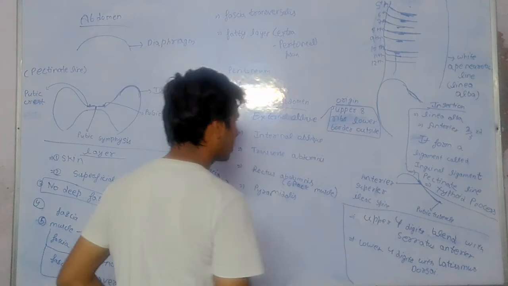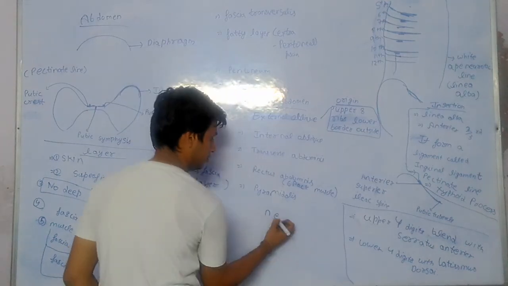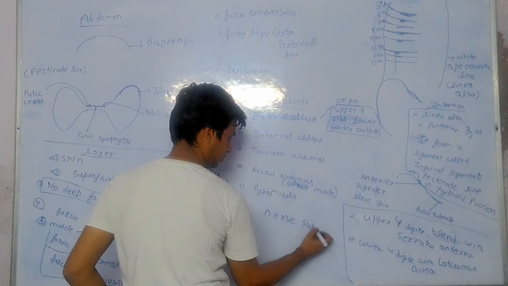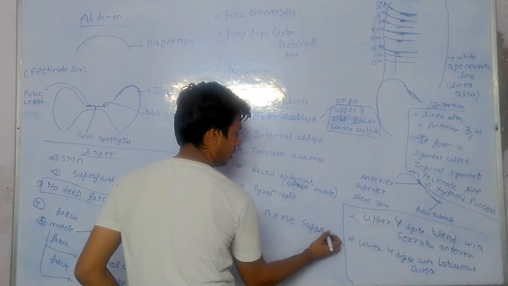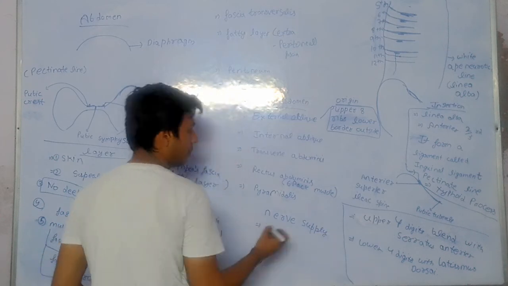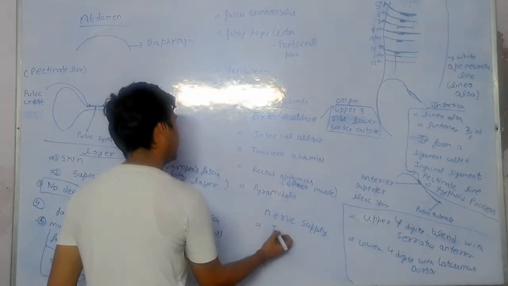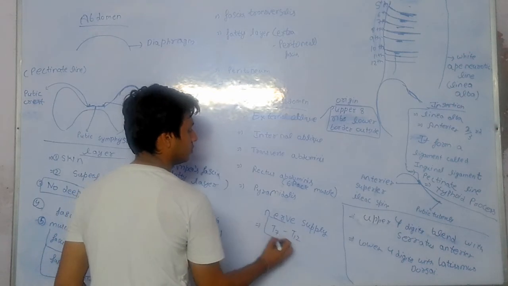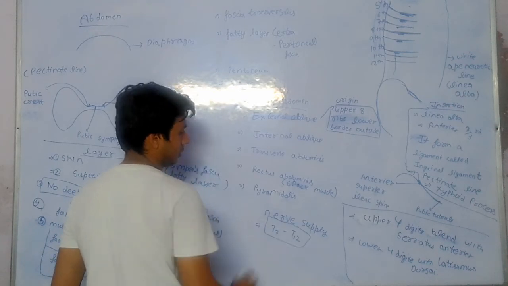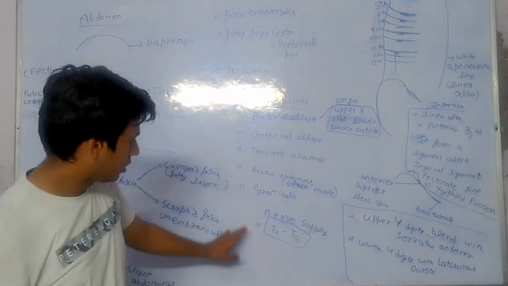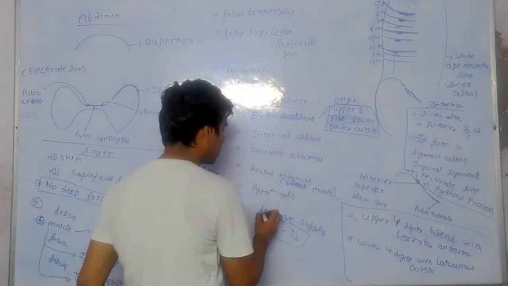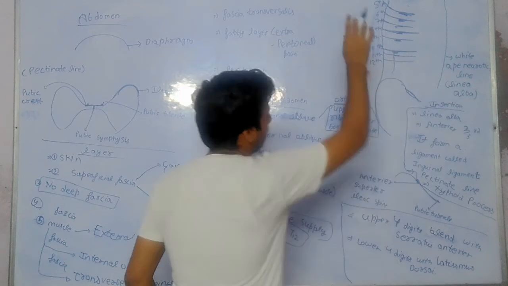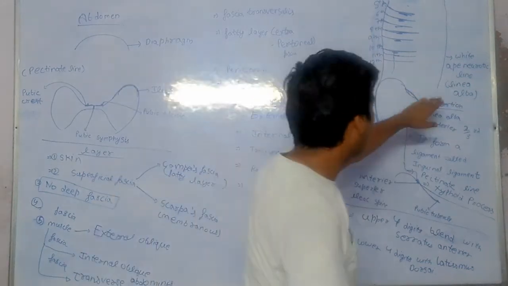The nerve supply of external oblique is from T7 to T12. These are the nerve supply of this. So this is the nerve supply, digits, origin, insertion, and linea alba.